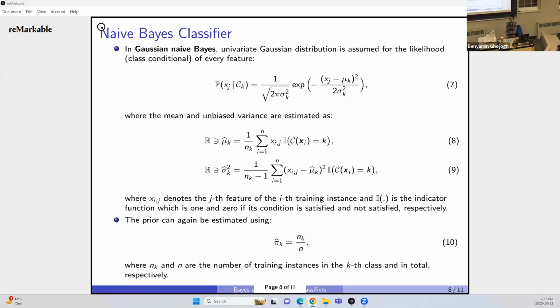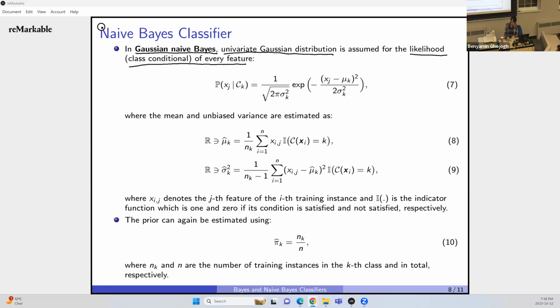Okay, now Gaussian naive Bayes is a special case of naive Bayes. It says that a univariate Gaussian distribution is assumed for the likelihood or class conditional of every feature. Do you remember I told you that I have a bunch of likelihoods for the features given the class?